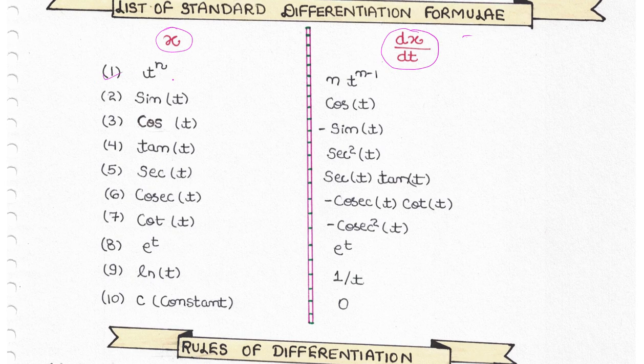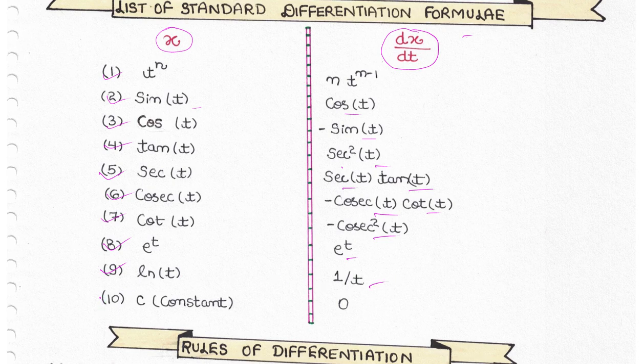If we have t to the power n, then its differentiation is n t to the power n minus 1. sin t, its differentiation is cos t. cos t's differentiation is minus sin t. tan t's differentiation is sec square t. sec t differentiation is sec t tan t. cosec t's differentiation is minus cosec t cot t. cot t's differentiation is minus cosec square t. e to the power t differentiation is e to the power t. ln t differentiation is 1 by t.